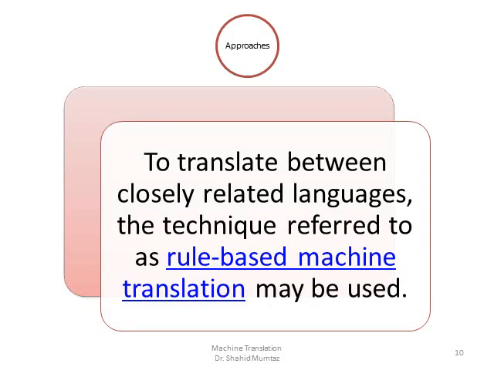To translate between closely related languages, the technique referred to as rule-based machine translation may be used. So rule-based machine translation is a technique used to translate between closely related languages. So let's see this first.